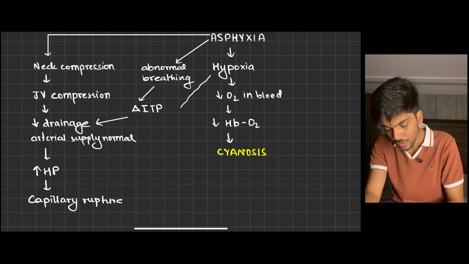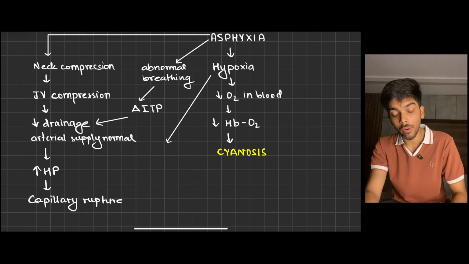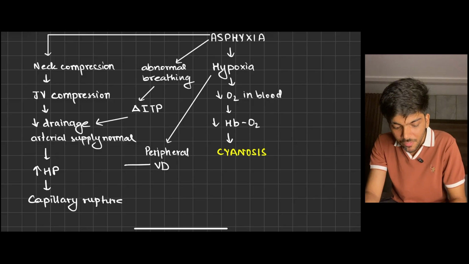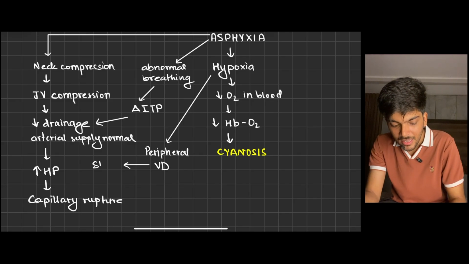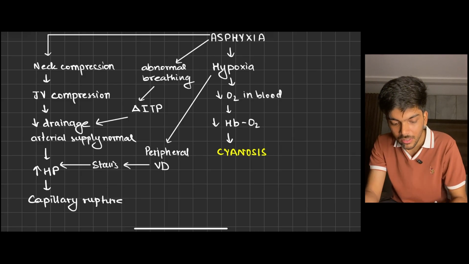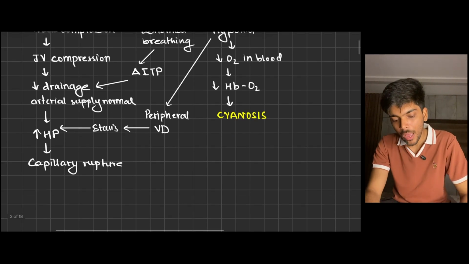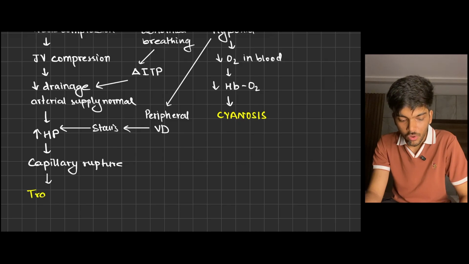Another way you can understand it: hypoxia, you might already know, leads to peripheral vasodilation. With peripheral vasodilation, there is stasis, and stasis also results in increased hydrostatic pressure, eventually leading to capillary rupture and your Tardieu spots.